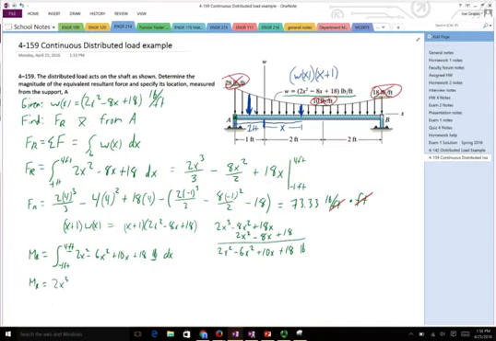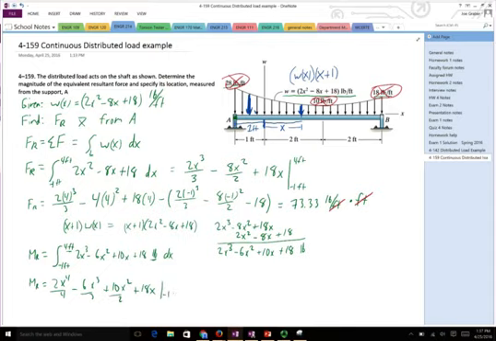2x cubed. Oops. It looks like I made a mistake there. It was supposed to be x cubed on the first one. So it's really 2x to the 4th over 4 minus 6x cubed over 3 plus 10x squared over 2 plus 18x.